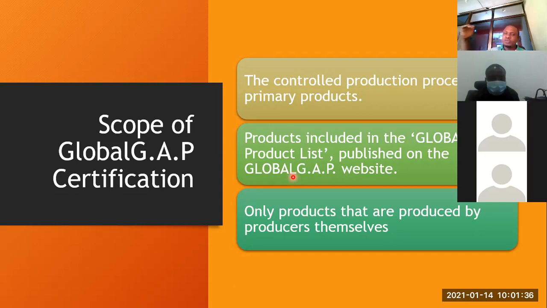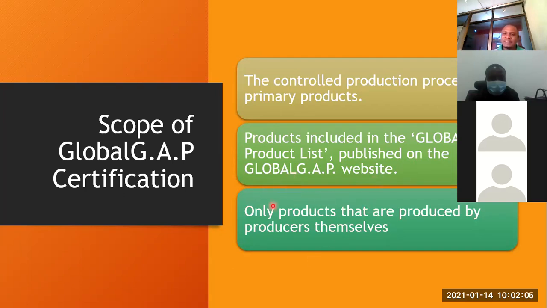So when you go to the document section of the GlobalGAP website, you can download the product list to check whether your product is part of it or not. So there is a long product list. If somebody is not sure whether their product is covered by GlobalGAP certification or not, the person or the company must visit the site and get the product list and check.